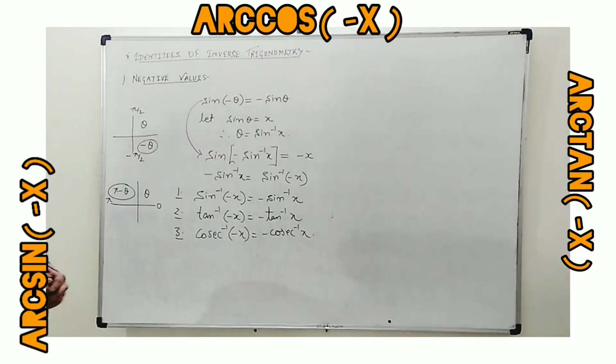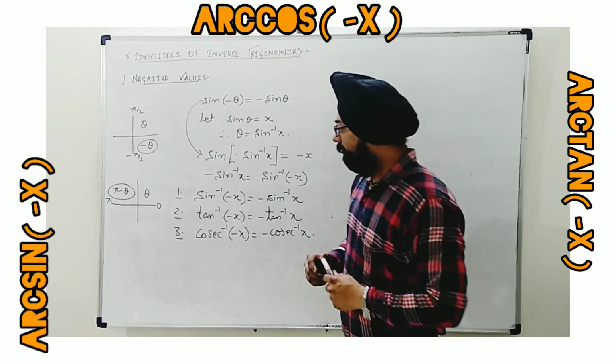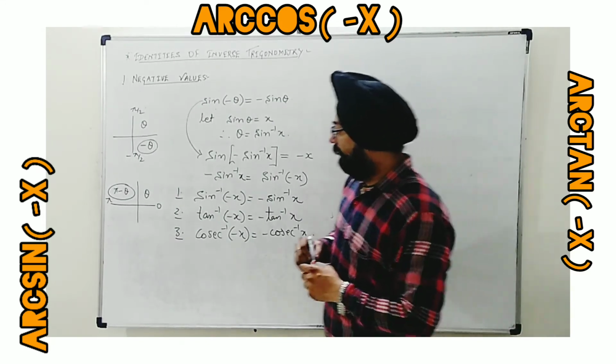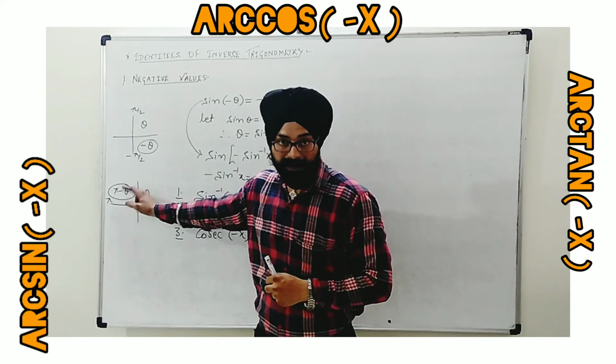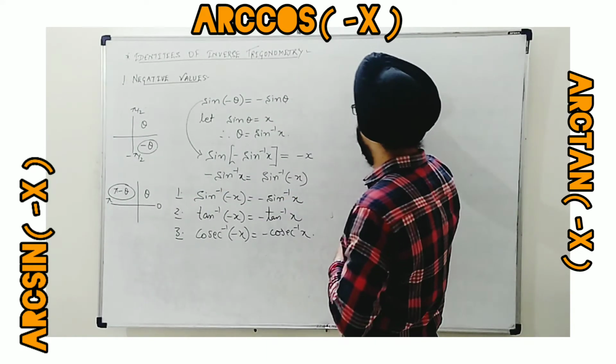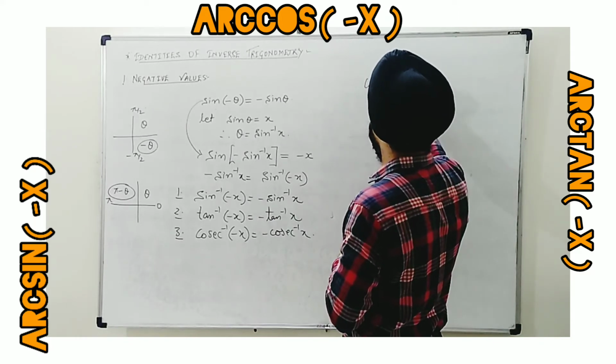Now we go ahead with the second group, cos inverse. In cos inverse, when we take a negative value, this concerns pi minus theta, the second quadrant pattern. So I will begin with the same pattern, cos of pi minus theta.